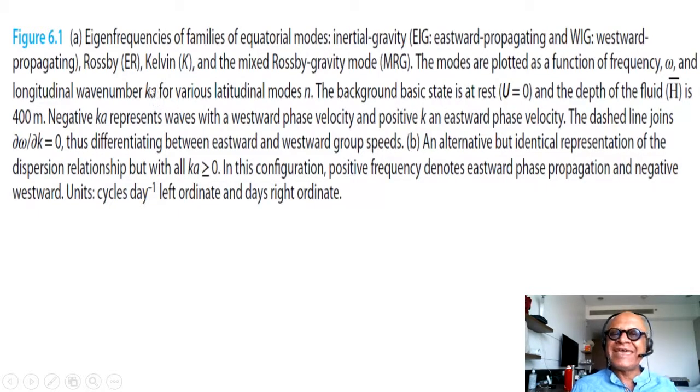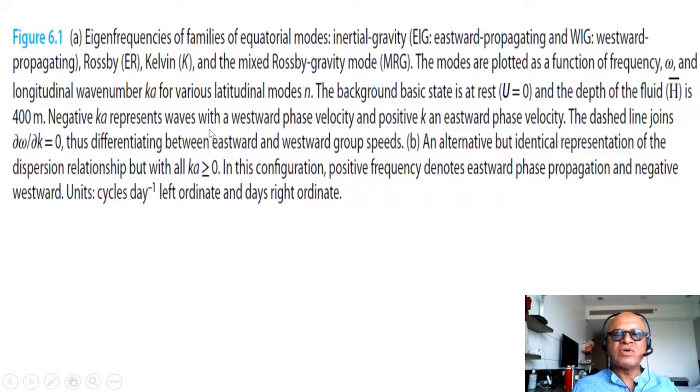You can think of a as the local radius, which is corresponding to the local circumference. a is the radius for various latitudinal modes. Background state is at rest in this diagram, which is also the same as background state being constant. Depth of the fluid is set to 400 meters.